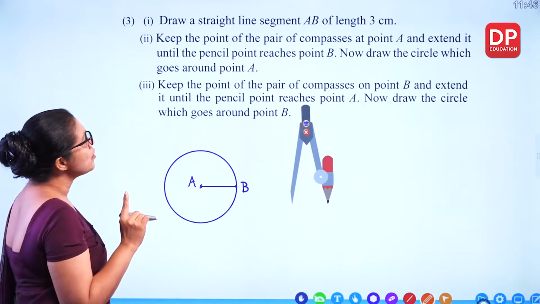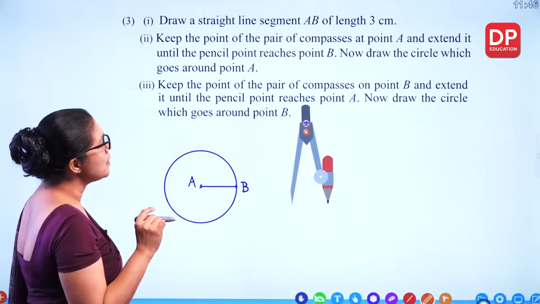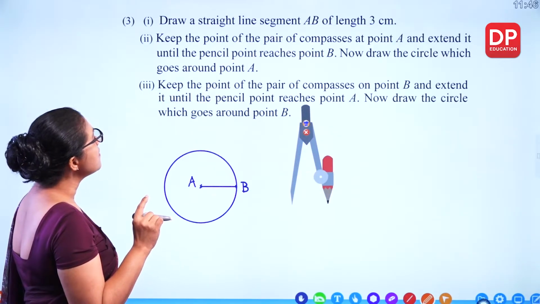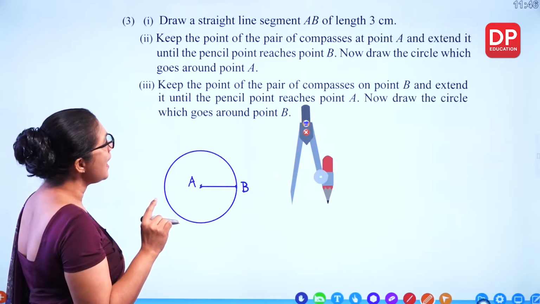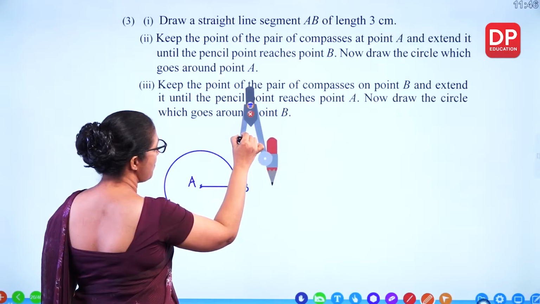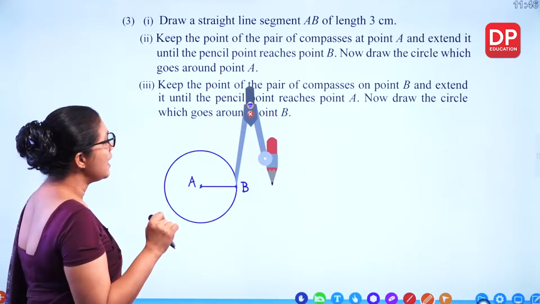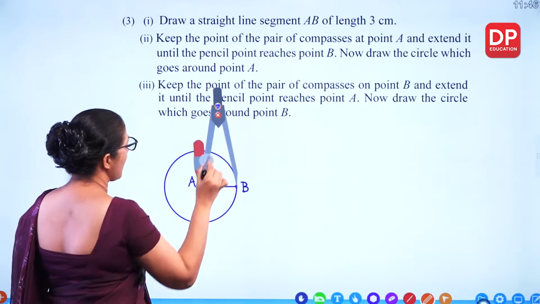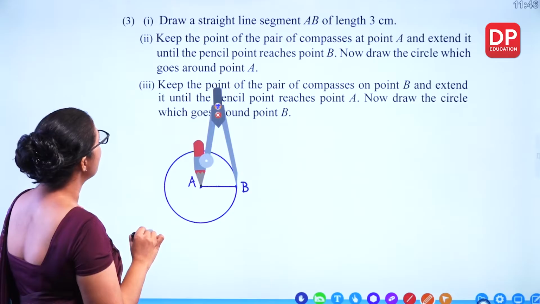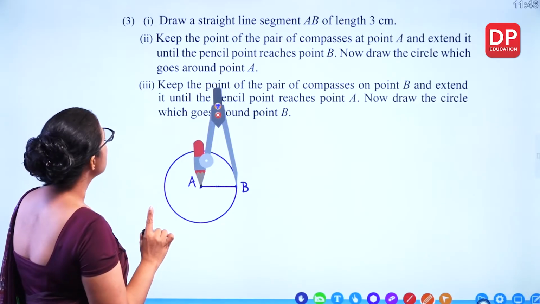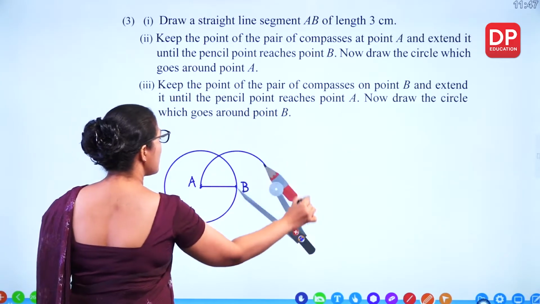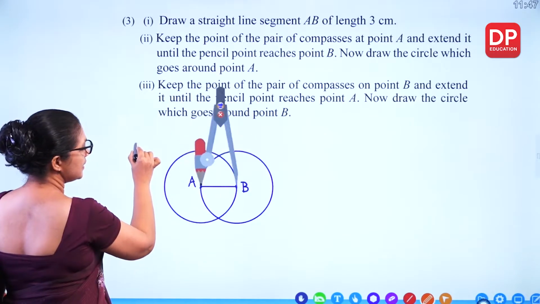Then keep the point of the pair of compasses on point B and extend it until the pencil point reaches the point A. So now keep it on top of B and extend this compass till you get A. Now draw the circle which goes around point B. So that's another circle.